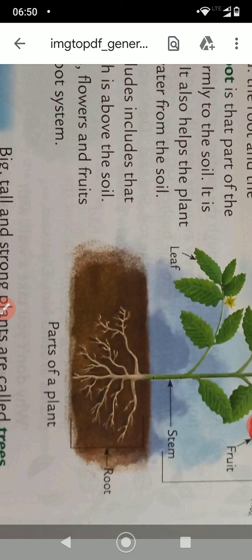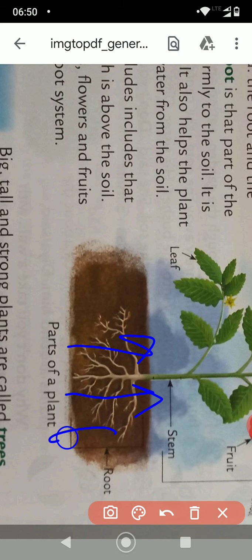Second, the root system helps the plant, because it's all part of the plant only, to absorb the water and the food from the soil. So food and water go up.